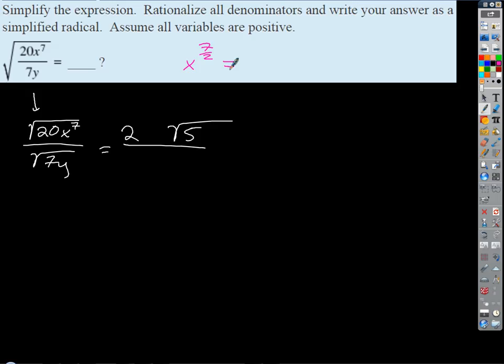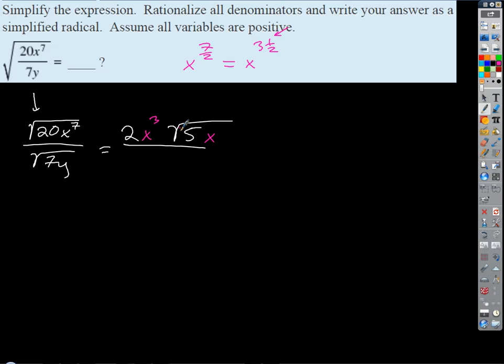What's 7/2 as a mixed number? 3.5. So we end up with an x cubed out front and an x to the 1/2 inside, right? Whatever the remainder is, the numerator is how much is stuck inside the radical. The denominator is just telling you what kind of root it is. 2 goes for square root, right?